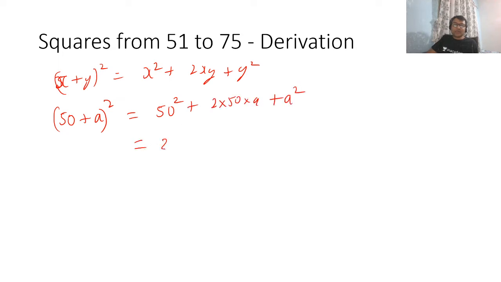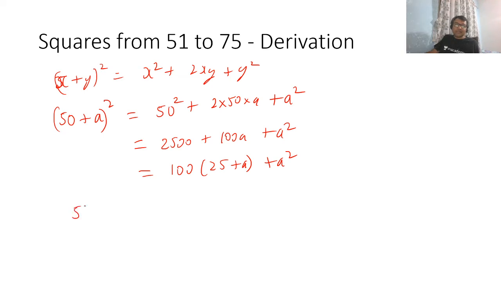If you solve this, it becomes 2500 plus 100a plus a square. Now I can take 100 common, the same as we did last time: 100 into (25 plus a) plus a square. So we do 25 plus a, multiply by 100, that means 2 places, and then add a square.